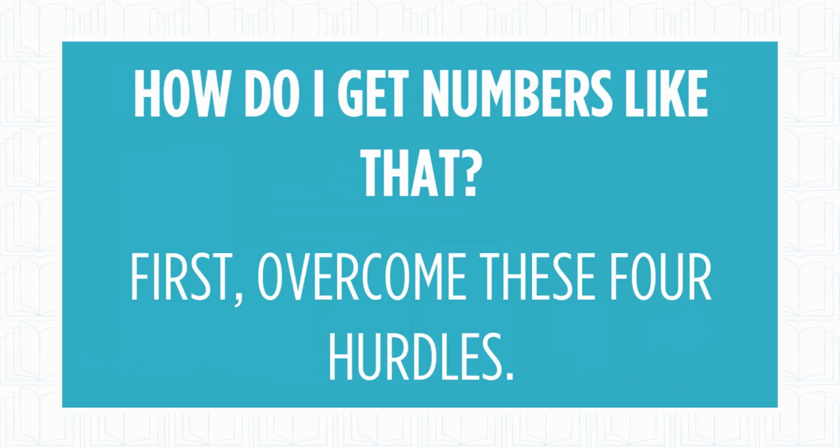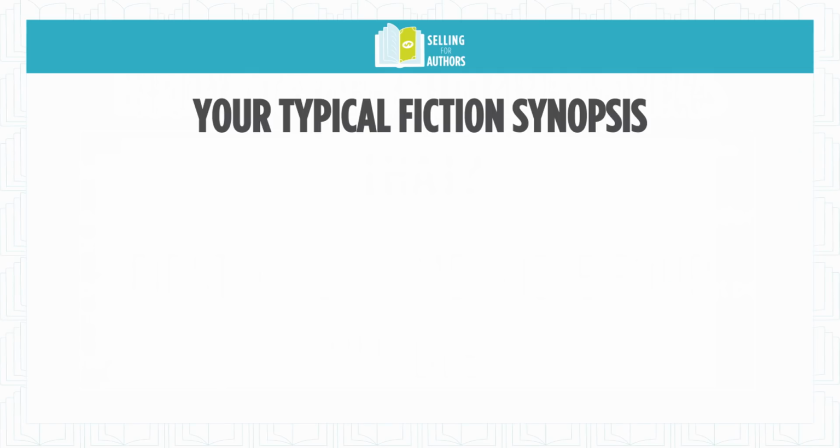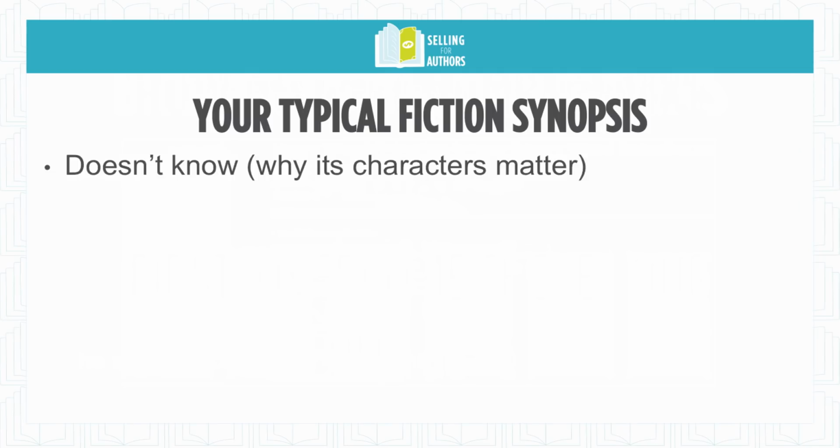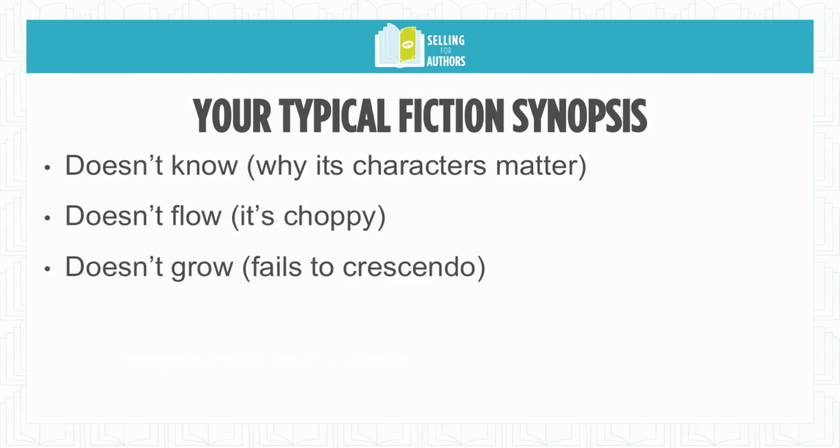So how do I get numbers like that, you might ask? Well, first, you need to overcome these 4 common synopsis hurdles. So the typical fiction synopsis doesn't know why its characters matter. It doesn't flow. It's choppy. It doesn't grow. It fails to keep the momentum going and crescendoing, growing as it keeps moving along.